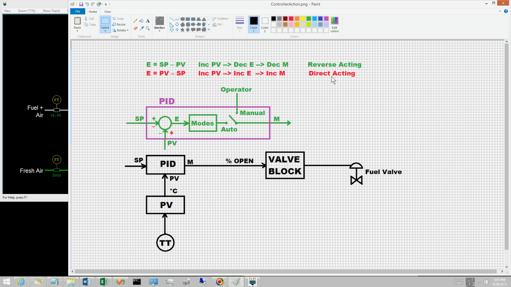In this series of videos, direct and reverse action will always be implemented by reversing the inputs to the comparator. That is, direct action will be PV minus set point, and reverse action will be set point minus PV. The older pneumatic and electronic analog controllers implemented direct and reverse action this way. How do we know?